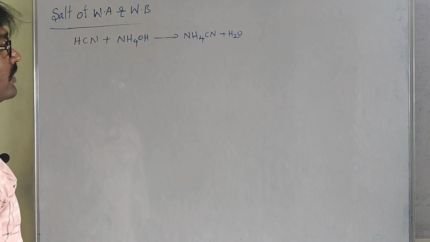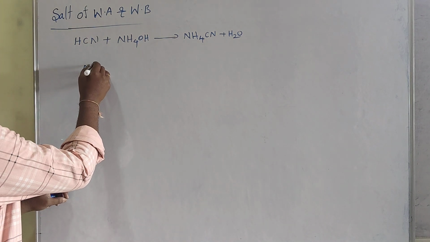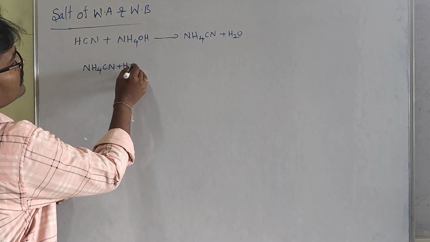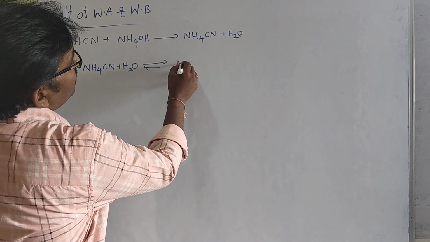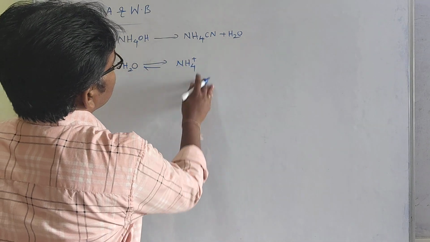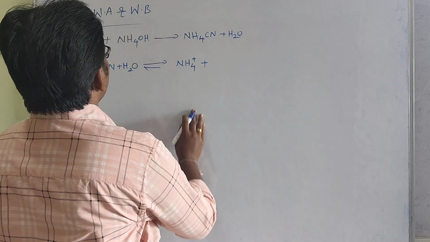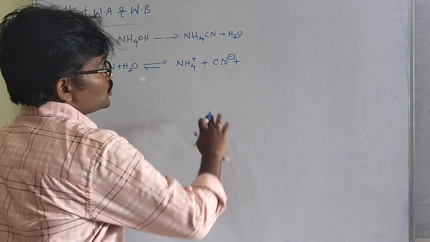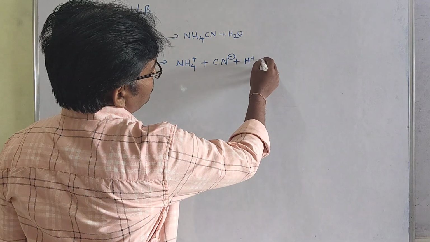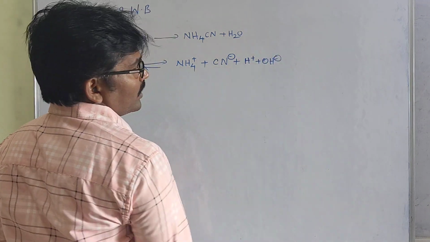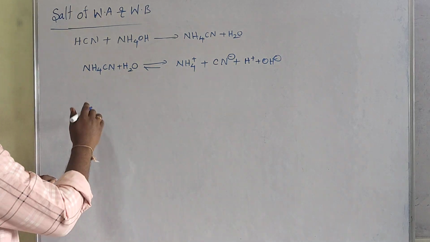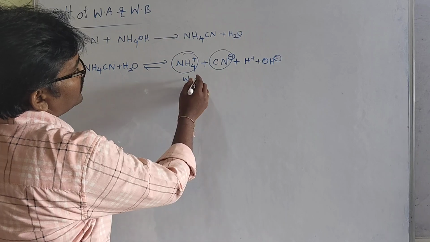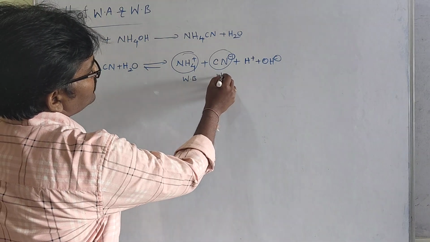So now this salt NH4CN goes for hydrolysis: NH4 plus, CN minus, plus H2O, H plus, OH minus. Here both are weak parts. This is from the weak base, this is from the weak acid.